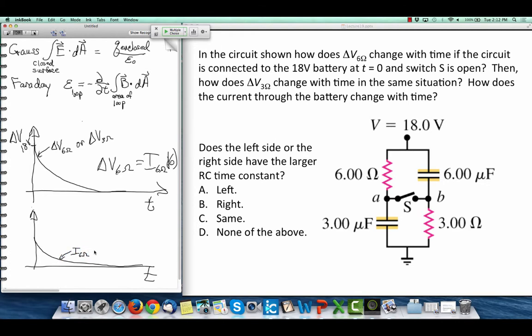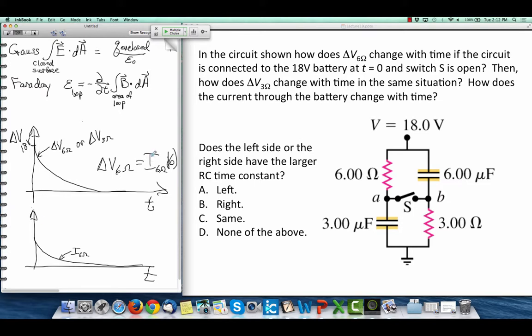in the 6 ohm resistor. What about the current through the 3 ohm resistor? Well, the current through the 3 ohm resistor is going to be bigger because the resistance is smaller. So delta V across the 3 ohm resistor is just the same as delta V across the 6 ohm resistor. But the 3 ohm resistor has a 3 here, and so the current is twice as big.